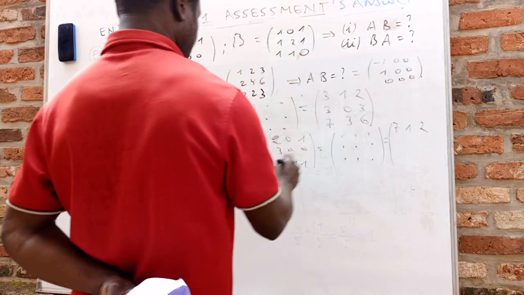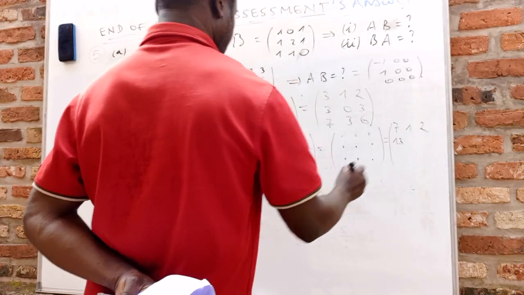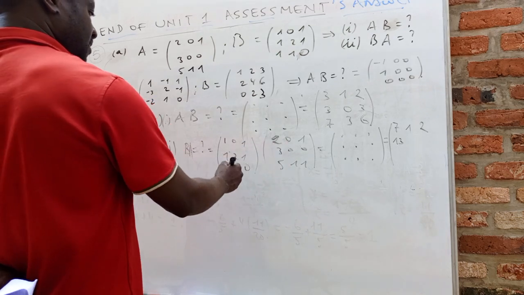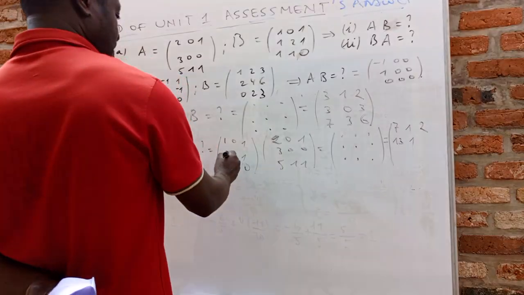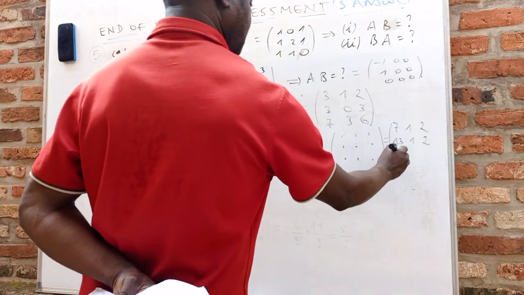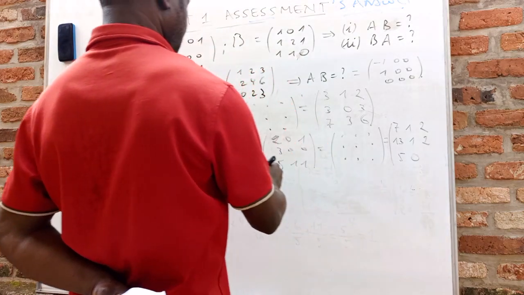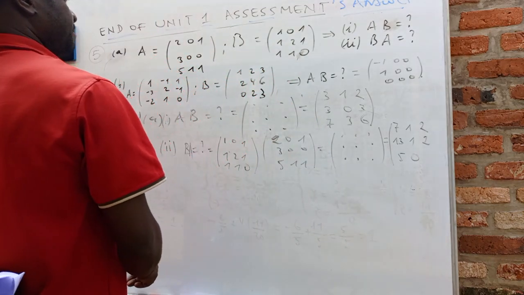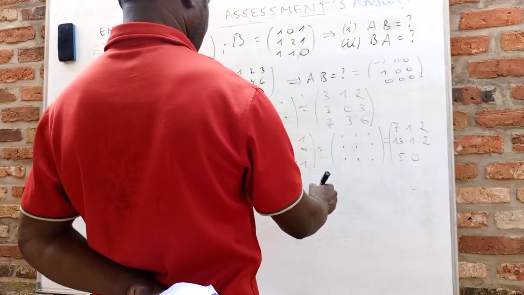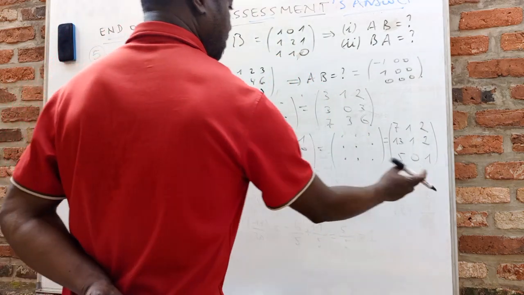This is 2. Okay, now this is 6 plus 7, 13. 7 plus 6, 13. And 1 and 2. So this is 5, this is 0, then this is 0, then this is the matrix. Let me check. Okay, this and this is going to be equal to 1. So 1, 0, and 0 is 1.